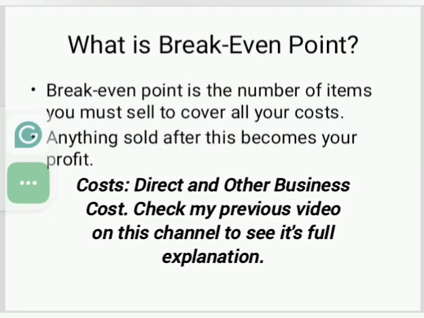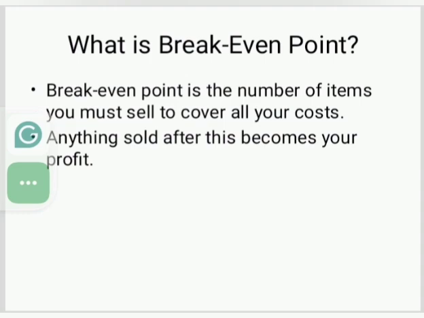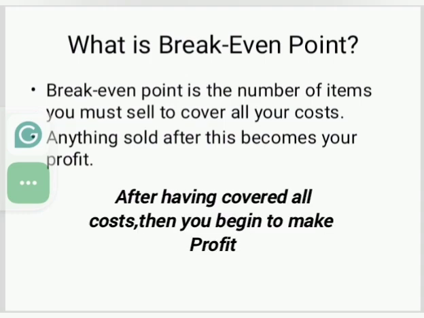So the point at which you're able to cover all your costs, both the direct costs of purchasing that product and every other cost you incur to purchase and keep that product in its sellable condition, and the cost you incur to run your business, your business should be able to cover those costs. Now, when you're able to sell the number of units that will enable you to cover all those costs, then the next item you sell will be your profit, because you have recognized and covered all your costs, which is the first thing.